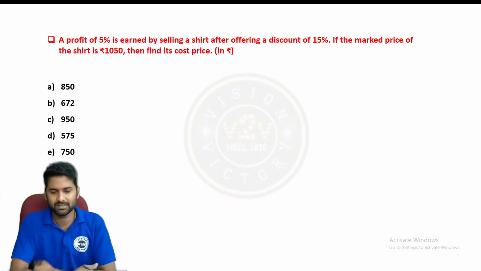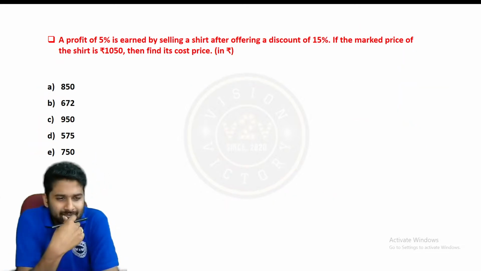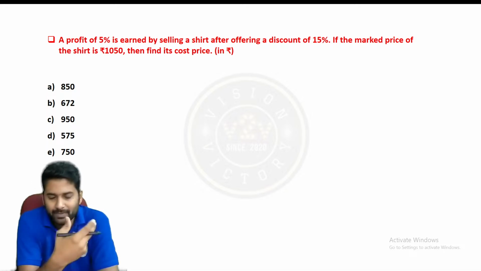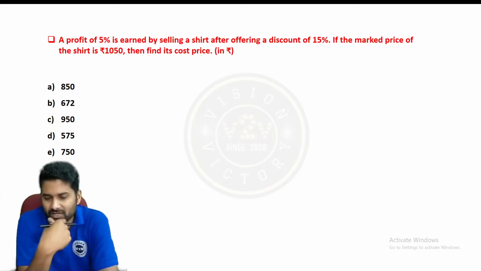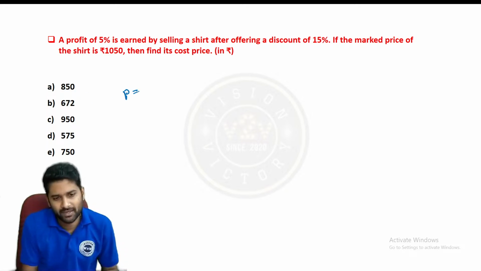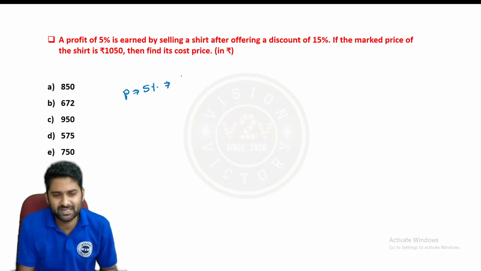Next, check this question. The profit is always calculated based on the cost price and discount is always calculated based on the market price. Now see, if profit is 5%, you should understand that it's a value of 1 by 20. It means if cost price is 20 units, 1 unit is profit, now selling price is 21.